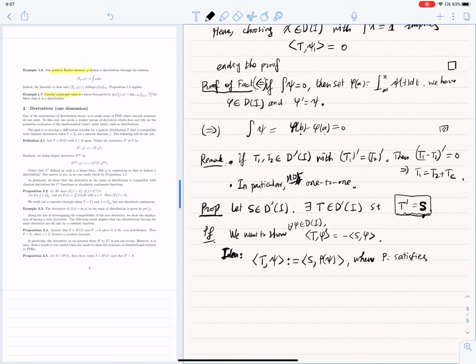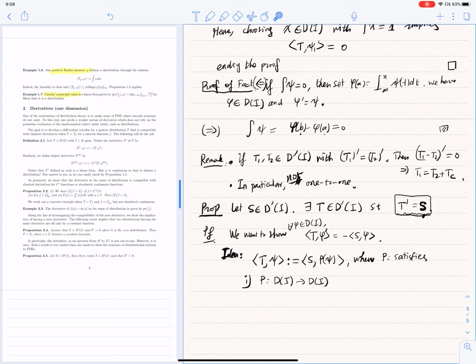First thing it should satisfy is that P maps a test function to a test function. It should satisfy this property because S is a distribution. In order to make sense of the right-hand side of this definition, we would like to have a test function in here. In other words, P applied to psi should produce a test function as well.